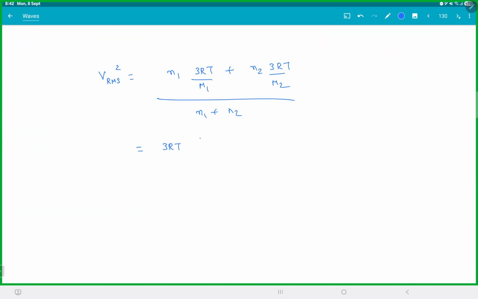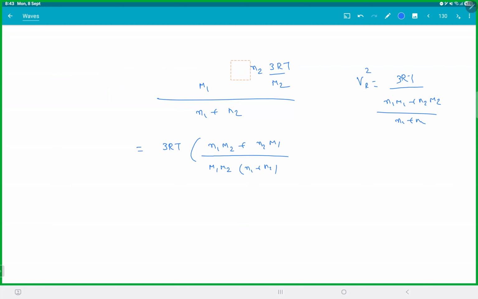You actually get N1 M2 plus N2 M1 by M1 M2 into N1 plus N2. Right? This doesn't look like 3RT over the average molecular weight, which would be N1 M1 plus N2 M2 by N1 plus N2. Can you see? They don't look the same. You cannot use average molecular weight for a mixture. So that is a catch.